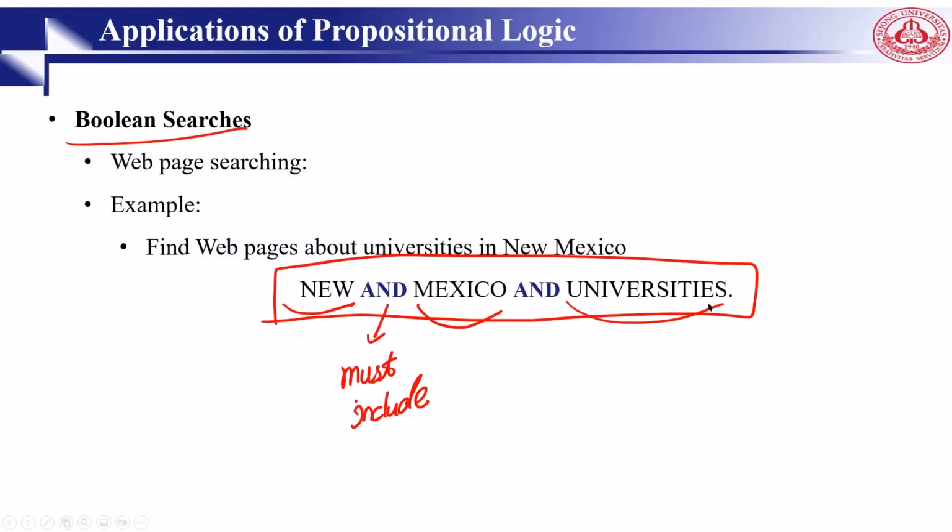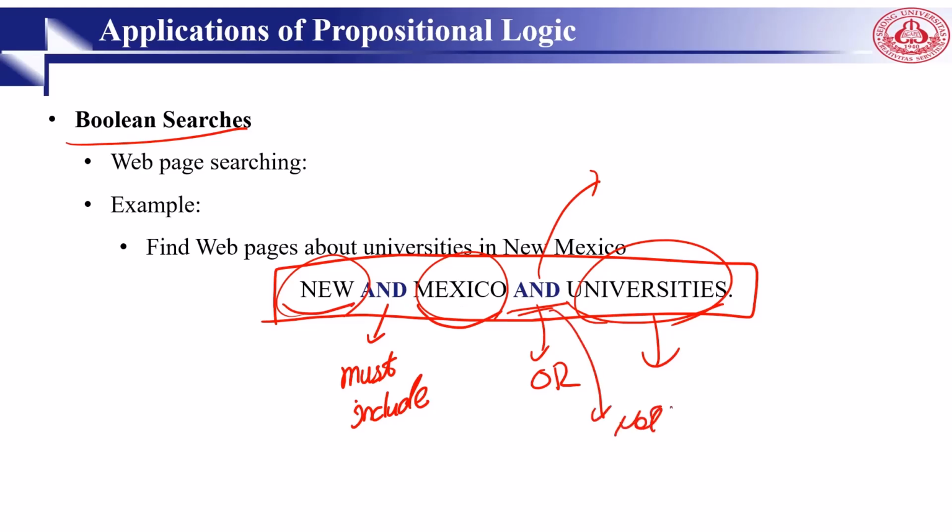So the search results must include all these three keywords. If this is OR, it means universities can be there or cannot be there. It's optional. But when it is AND, it is mandatory, compulsory. And where we say NOT, it means it must not be there, exclude.